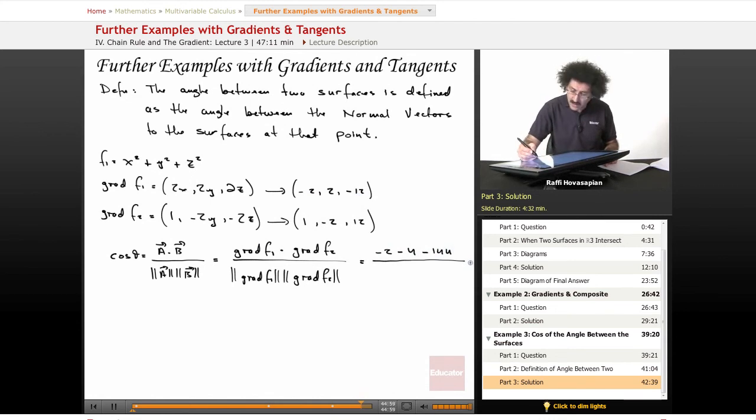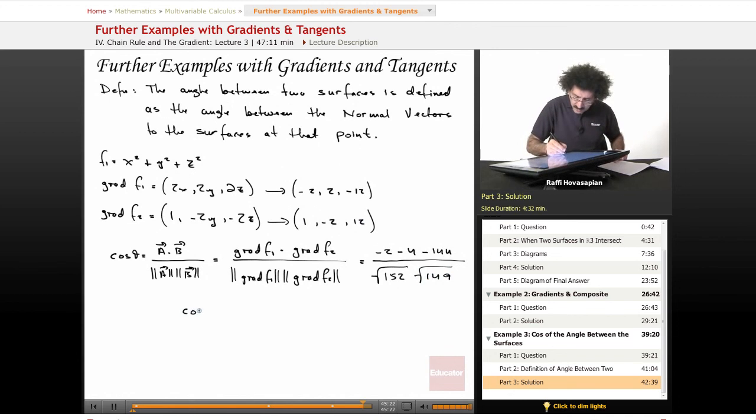Then the norm of this first vector is 4 plus 4 plus 144, so it's radical 152. And the other is 1 plus 4 plus 144, which is radical 149.